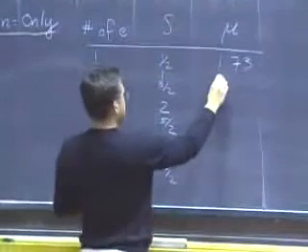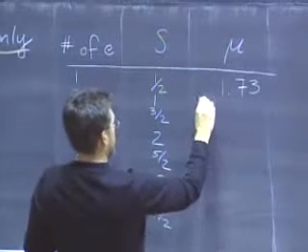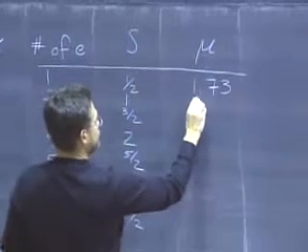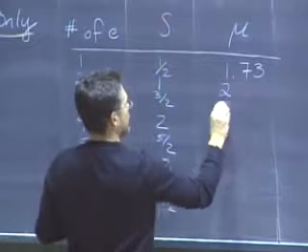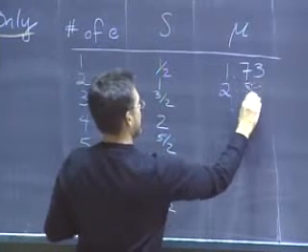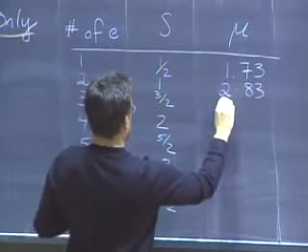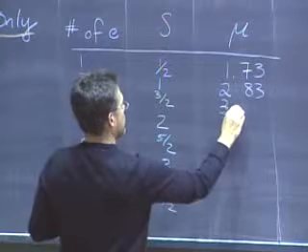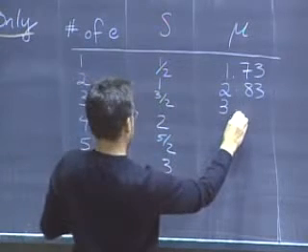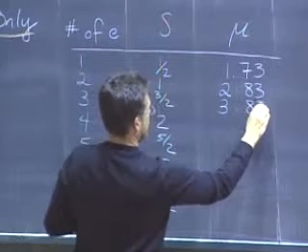And then for S equals 1, we actually have a value of about 2.83. And then for 3 unpaired electrons, we have a value of approximately 3.87.